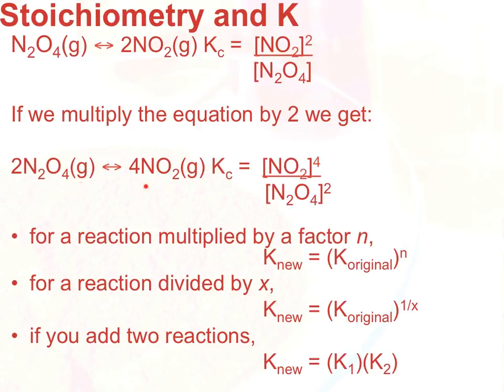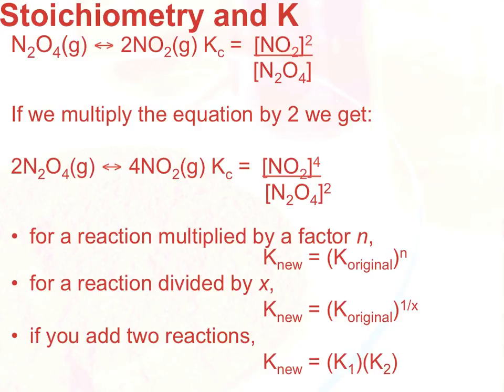Because we've multiplied this equation through by 2 to derive that one. In that same way, guys, if we were to divide this equation by, say, 2, we are going to take that original value and raise it to the 1/2. If we divide it by 3, we'd raise it to the 1/3, etc. And if we did that, we'd get our K value for our new expression.